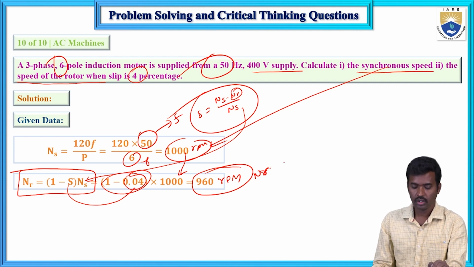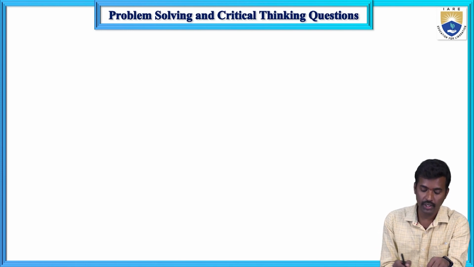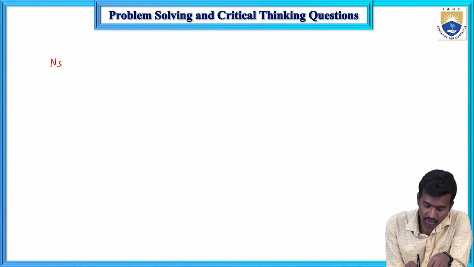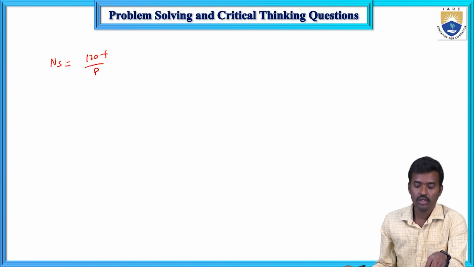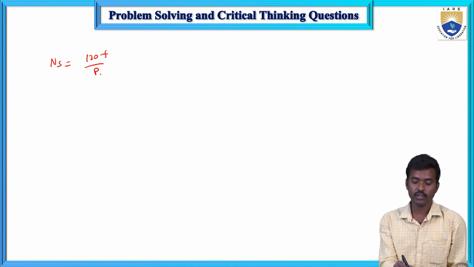Now the important formulas in this 5th module, alternator and induction motor. First, in the induction motor, the first important formula is synchronous speed equals 120 F by P. F is the frequency of supply and P is the number of poles.